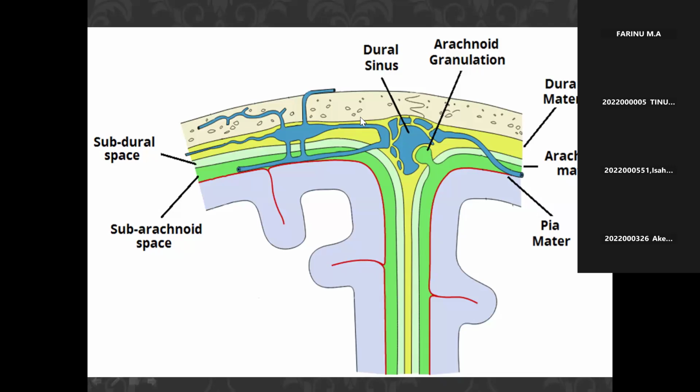The part that is affected is the arachnoid, which is the middle layer, and the inner layer, the pia mater. Now you will notice from this diagram that between the arachnoid and the pia mater, what can you see? If you understand this diagram, please let's respond.